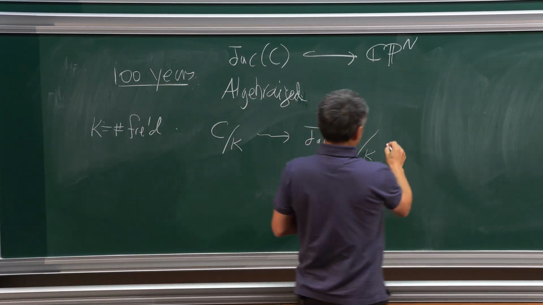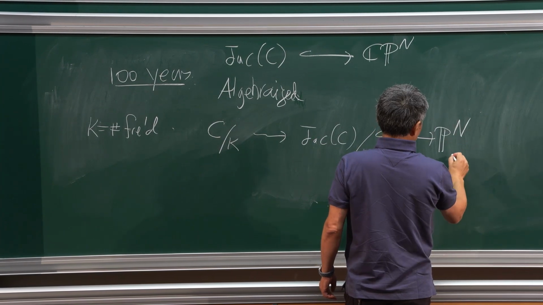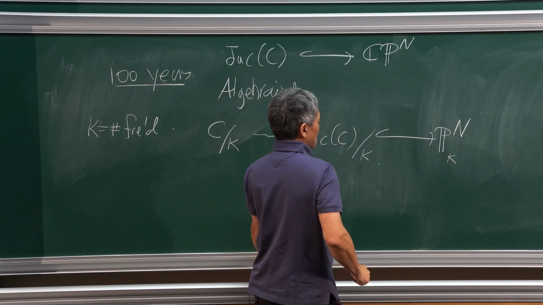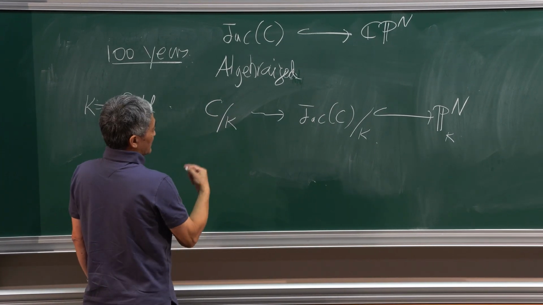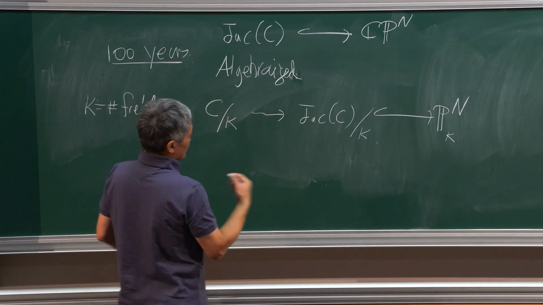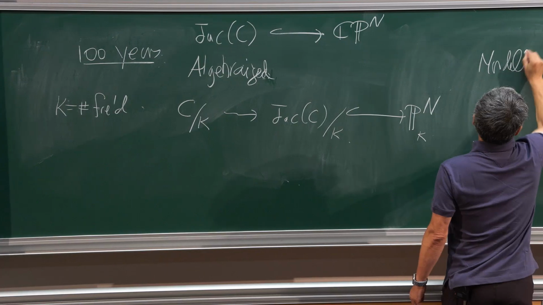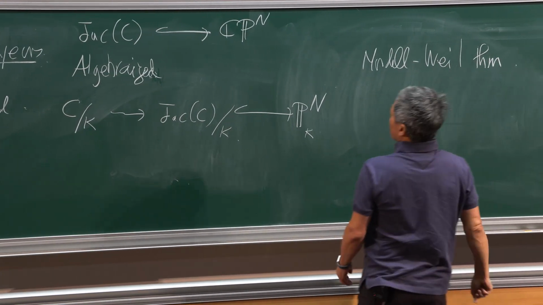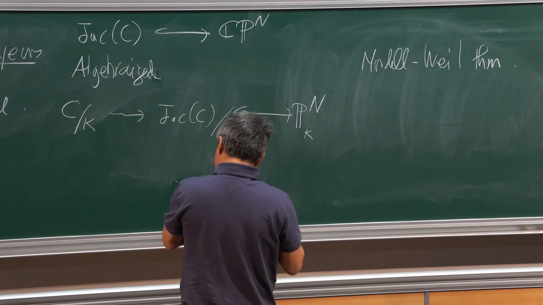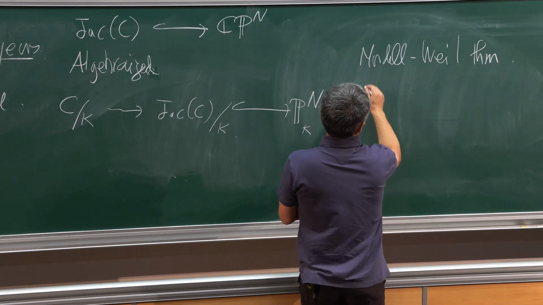Not only that, you can embed this into P^n over K. Then maybe 10 years later, in his proof of the Mordell-Weil theorem, he implicitly introduced the so-called height theory and dynamical systems.